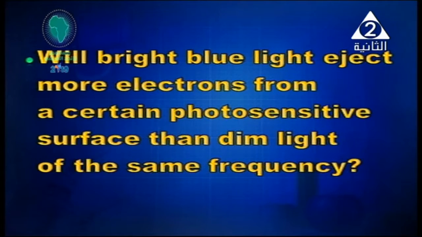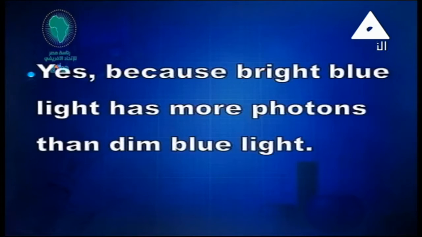Will bright blue light eject more electrons from a certain photosensitive surface than dim blue light of the same frequency? Of course. Yes, because bright blue light has more photons than dim blue light.